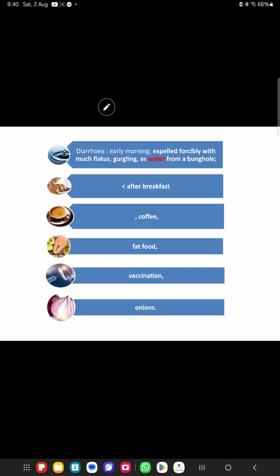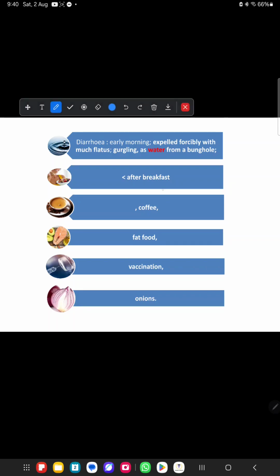And when this occurs after taking breakfast, coffee, food, vaccination and onion. You can see in the picture, onion is there, vaccine is there, fat food is there, and coffee is there, and after taking breakfast, if you find a watery discharge, then we can think about this medicine, Thuja.